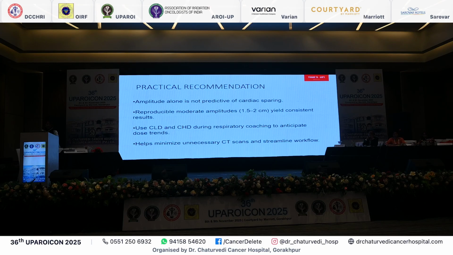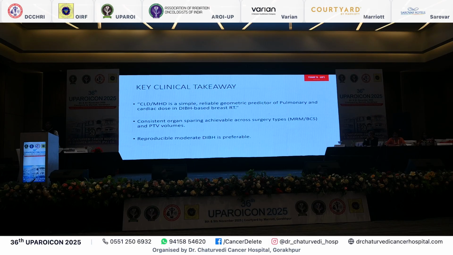It helps minimize unnecessary CT scans and streamline workflows. The key clinical takeaway from my presentation is that CLD or CHD is a simple, reliable geometric predictor of pulmonary and cardiac dose in DIBH settings. Consistent organ sparing is achievable across all kinds of surgeries, whether MRM or BCS. And with amplitude monitoring, everything is reproducible.